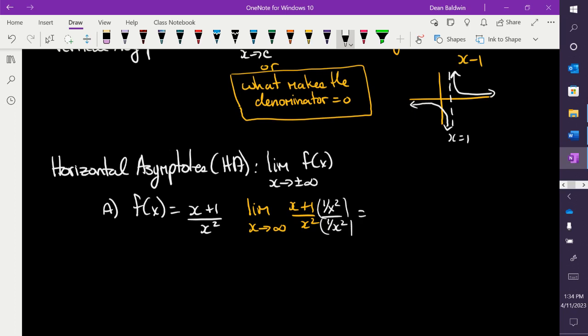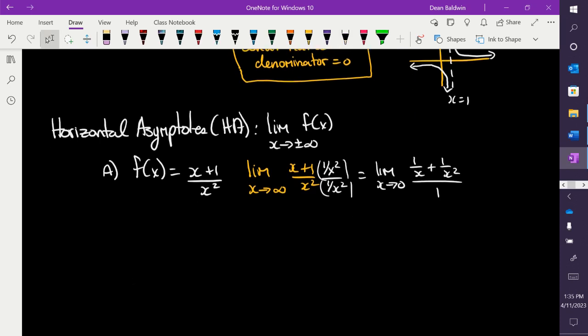So when you multiply the top, I'm going to get x over x squared, which is 1 over x. I should write it as a limit. You get 1 over x plus 1 over x squared over 1. Does everybody see how I got that?